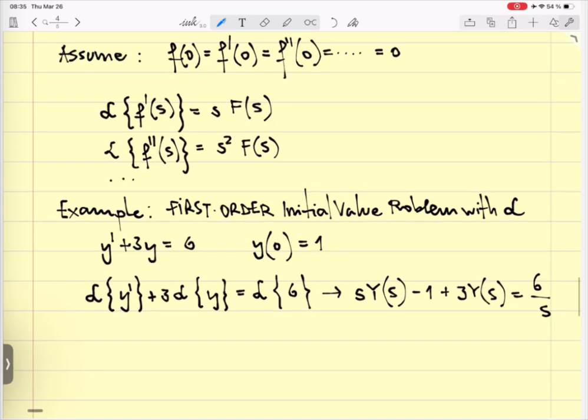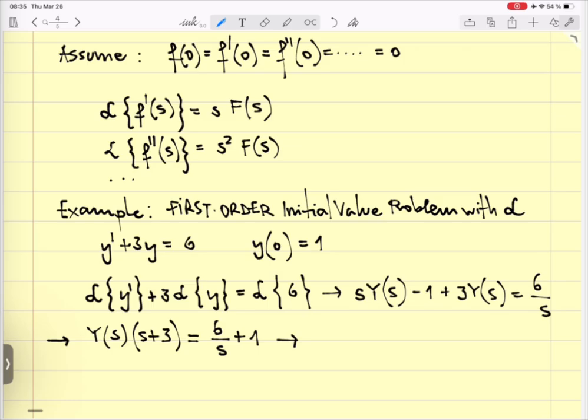Okay, so the super complicated differential equation becomes a piece of cake algebraic equation. So I of s multiplied by s plus 3 equals 6 divided by s plus 1. Okay.